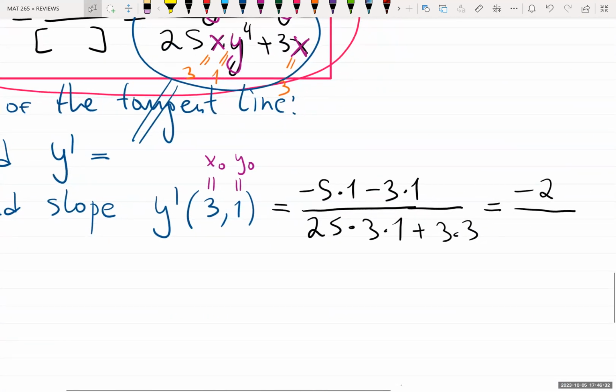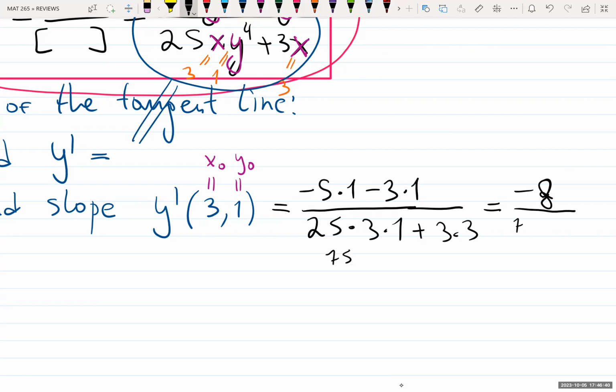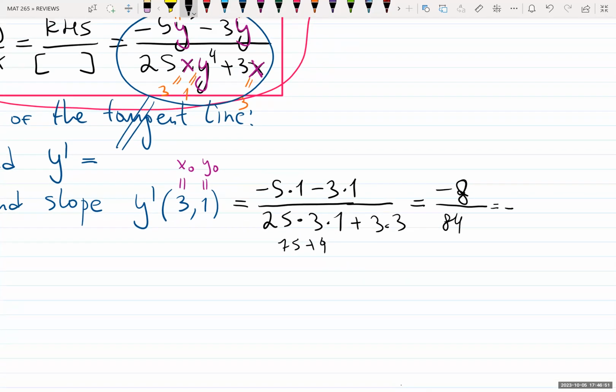I have minus 8. Oh, maybe it's simplified. Minus 8 over 75 plus 9. Yeah, they probably just simplified. That is 84. Okay, minus 2 divided by 4, 21. Nice. That's my slope.